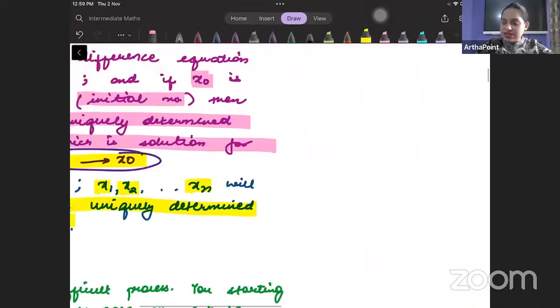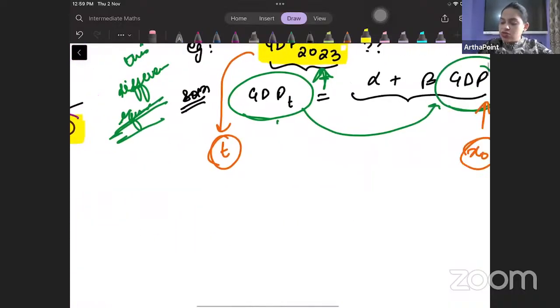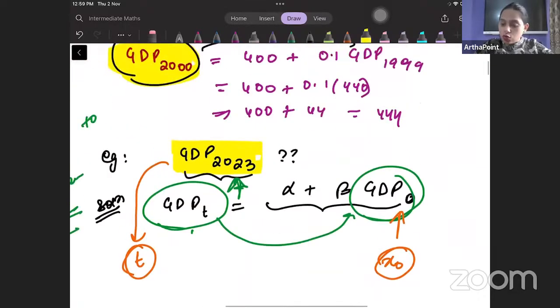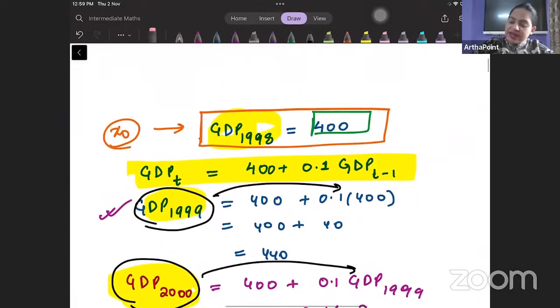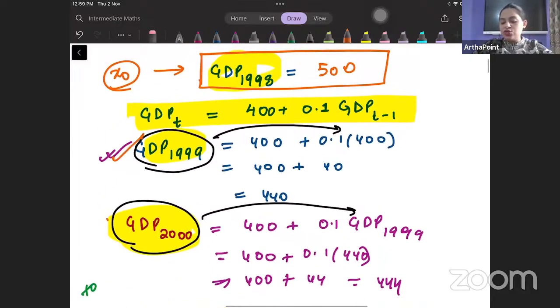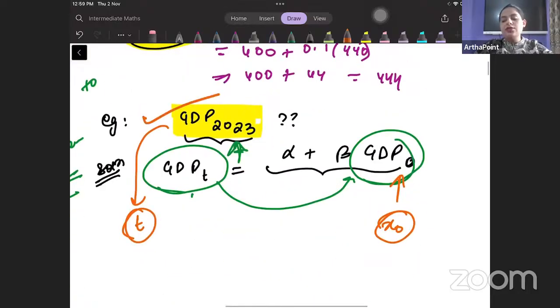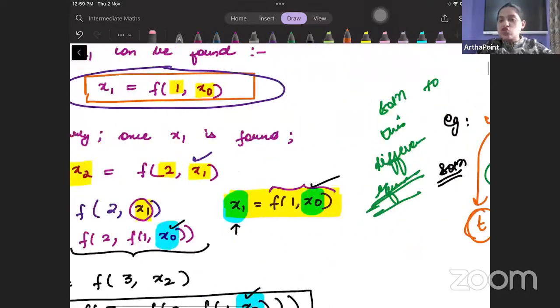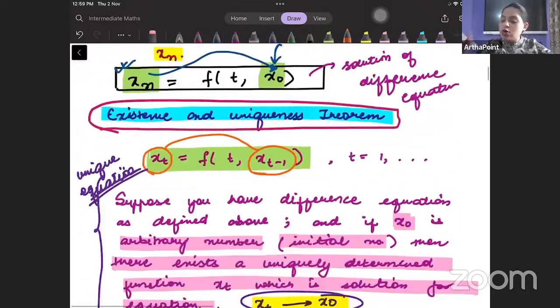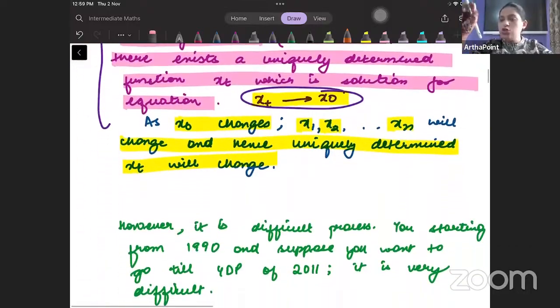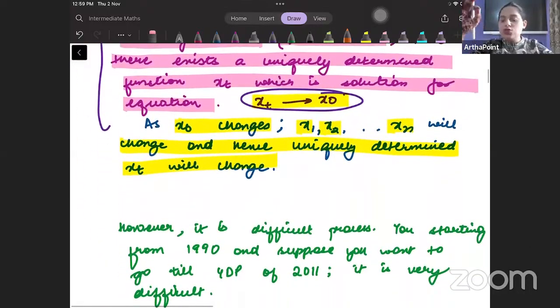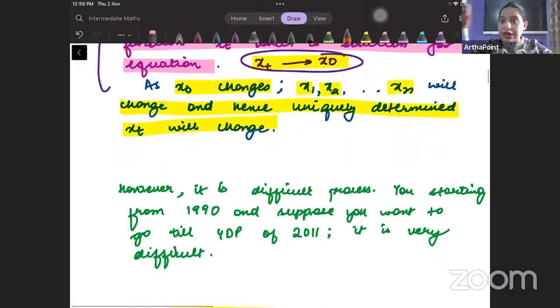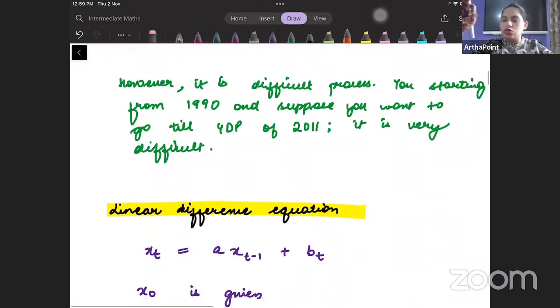In this example, beta, suppose I tell you that no, your 1998 GDP is actually 500. So do you see all these values will change? When your x naught, your base number, changes, then all values linked to that base number will also change.